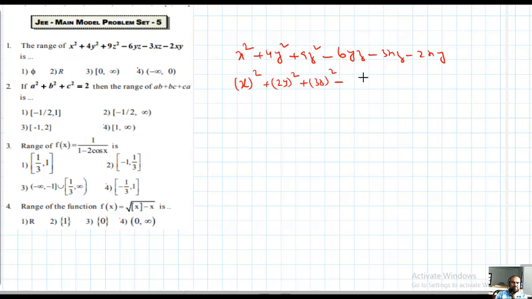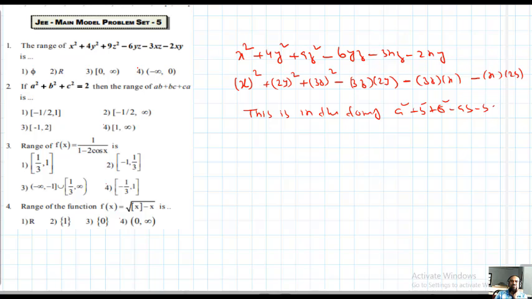See, this is 3z into 2y I can write, minus 3z into x I can write, minus x into 2y I can write. Okay, this is in the form of a square plus b square plus c square minus ab minus bc minus ca. We know that, I know that.